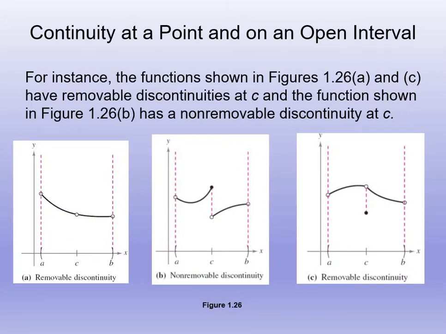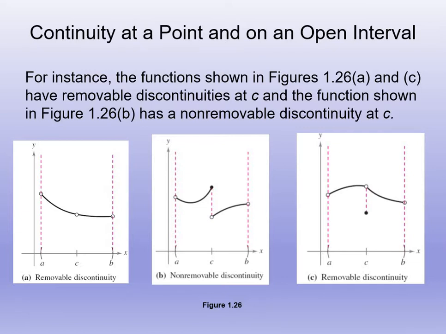So let's take a look at this. All right, these are the same three graphs that we talked about before. So what could happen here? Well, if we look at figure A, that's a removable point of discontinuity, right? Because we could actually define a value at c, and if we define a value at c that equals the limit, then the function would be continuous. Okay?